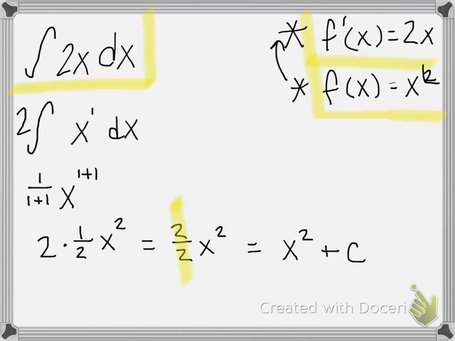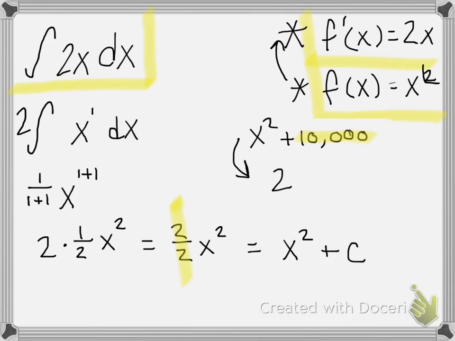So that could be, if our original was x squared plus 10,000. It doesn't matter what our constant out here is, because the derivative of a whole number is always going to be 0. So that comes out when you take the derivative.